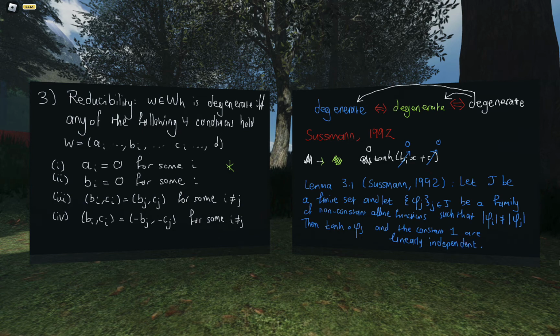So that's just what it says in Sussmann. This is something he's using during the proof of these equivalences. And actually, both of the equivalence proofs, these forward directions that I'm not showing, they come down to this property.